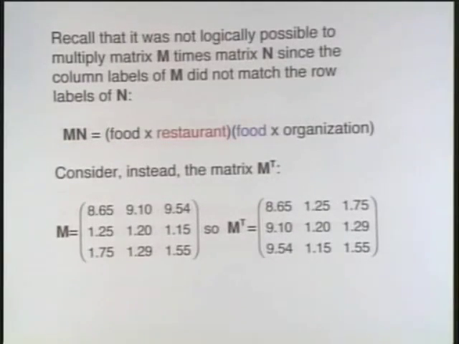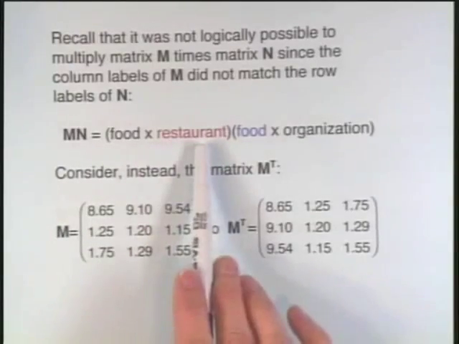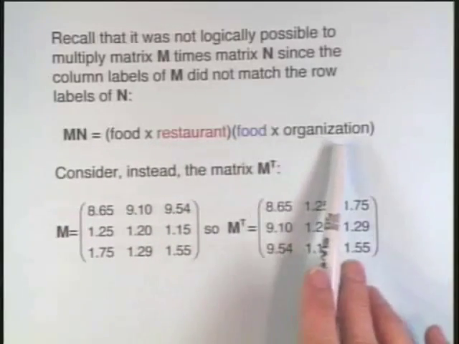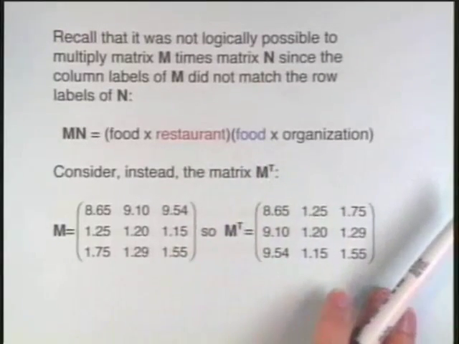Recall that it was not logically possible to multiply matrix M times matrix N, since the column labels of M did not match the row labels of N. M is food by restaurant, N is food by organization. Restaurant and food do not match.